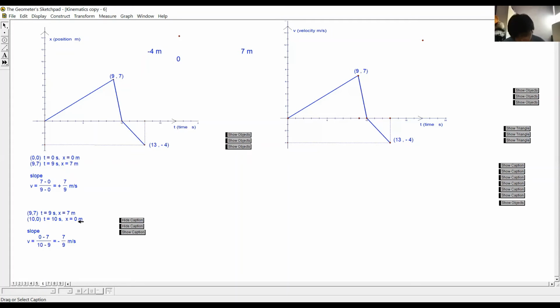This is the interpretation of the points. What is hidden is the slope. The final minus the initial: the final point is 10, 0, so I use 0 minus 7 divided by 10 minus 9.